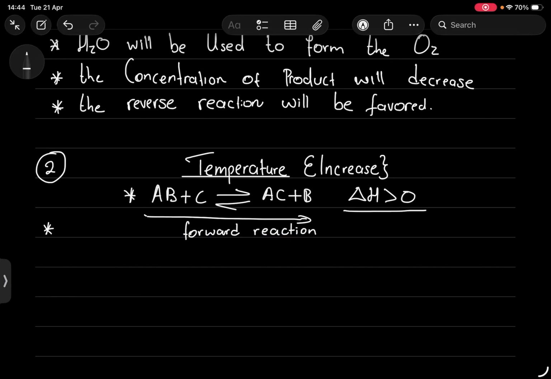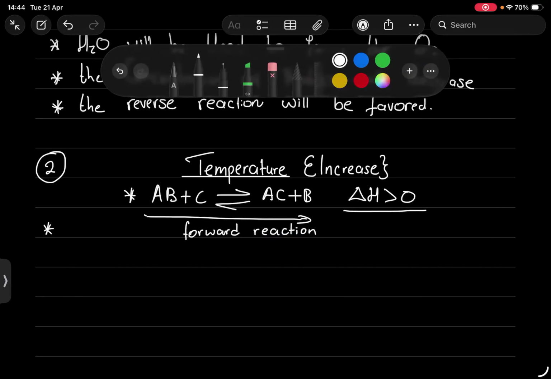So what about the reverse reaction? Is the reverse reaction endothermic or exothermic? Exothermic. Thank you very much. So if the forward reaction is endothermic, the reverse reaction is exothermic.